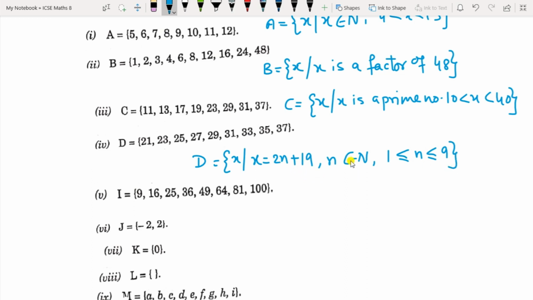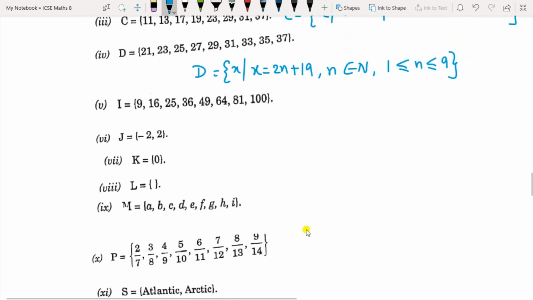So if you substitute from numbers 1 to 9 in this equation, you will get these answers. Let us see. If you are substituting 1, 2 ones are 2, 2 plus 19 is 21, okay. Then you substitute 2, 2 twos are 4, 4 plus 19 is 23, so on up to 37.